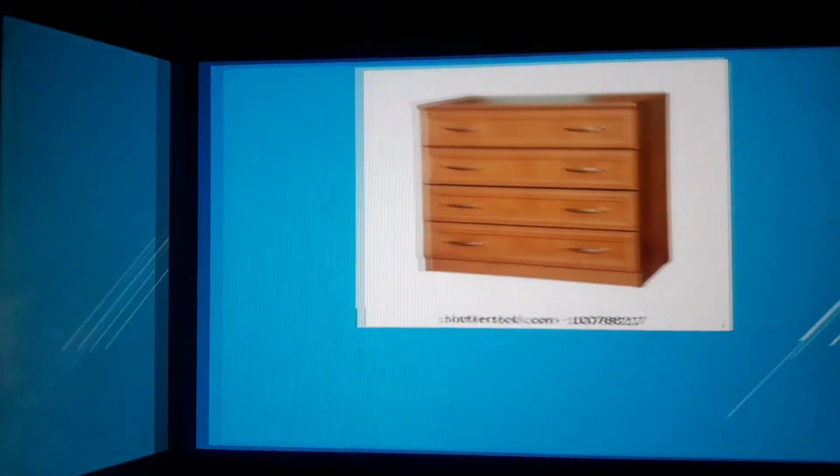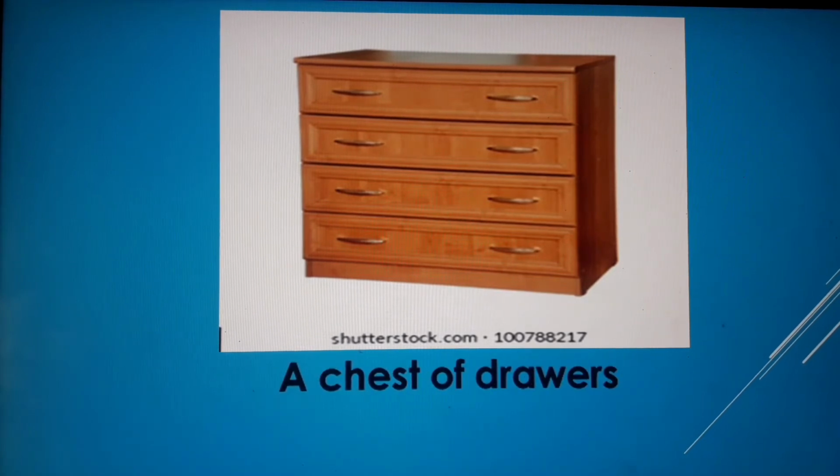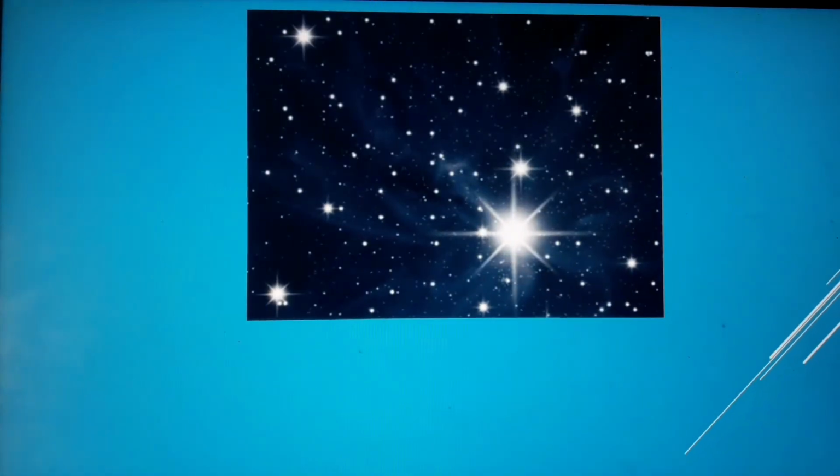Next one. Some drawers are here. So how can you say that? A chest of drawers. The collective noun is chest. Next, stars, they are twinkling. Night stars, they are twinkling.